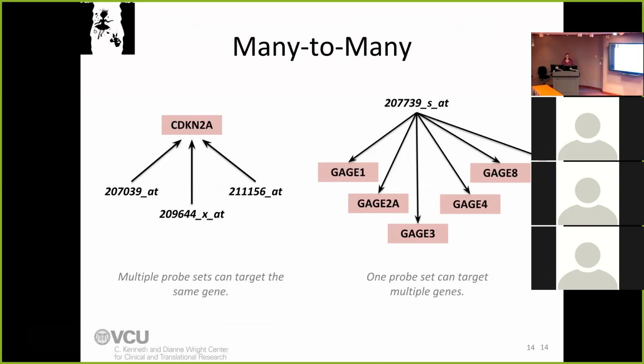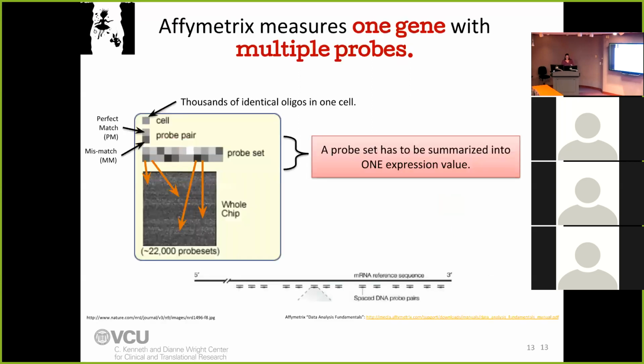It does this because of how they design each probe. Again, each probe is about 25 nucleotides long, and that limits it, because there might not be that many unique places of 20 to 25 base pairs in the genome to target one specific gene only.